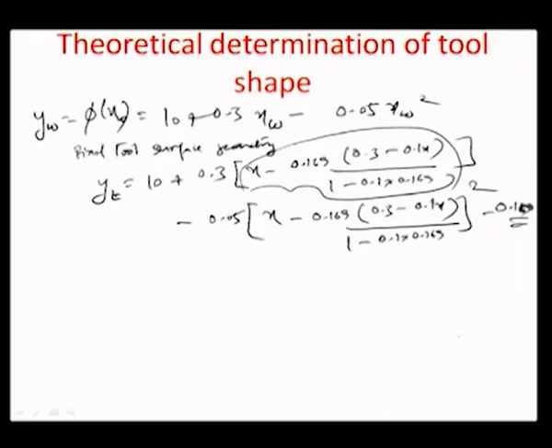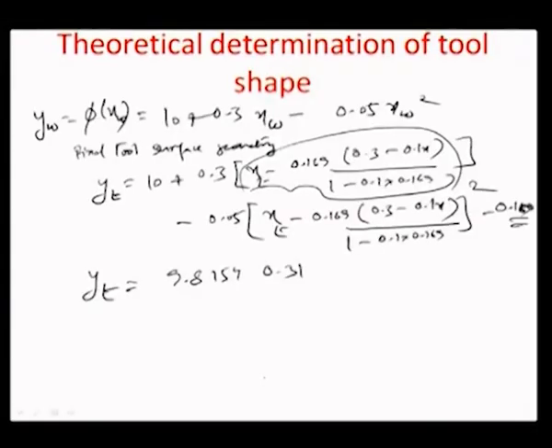And so, if you solve all this, you get a relationship between the xt and the yt, as yt is 9.815 plus 0.315 x t minus 0.051 x t square, where both x t and y t are in centimeters.